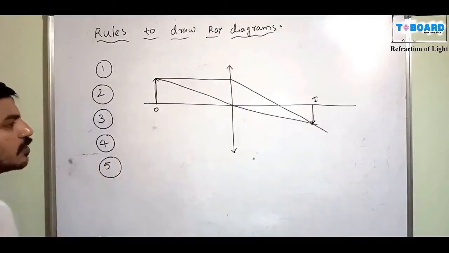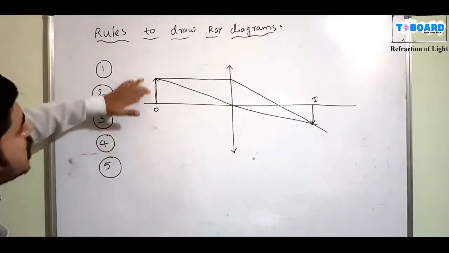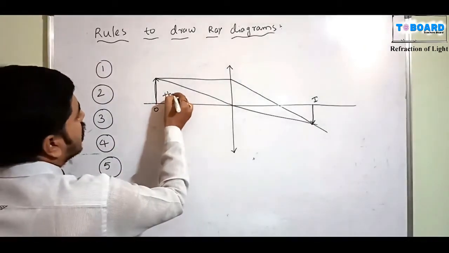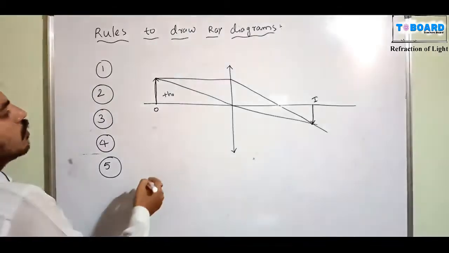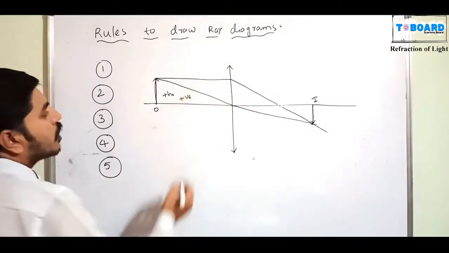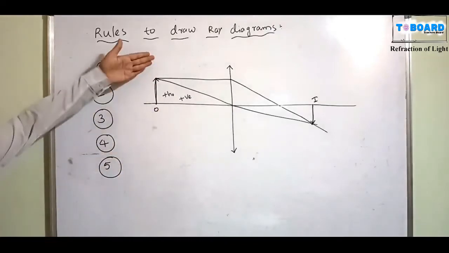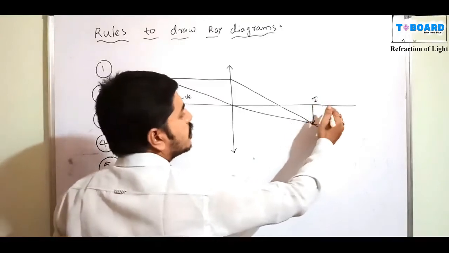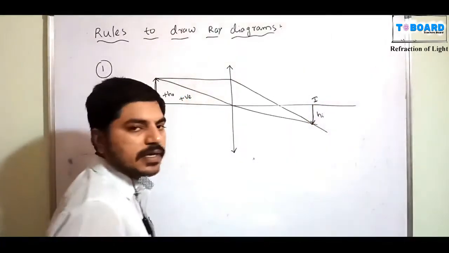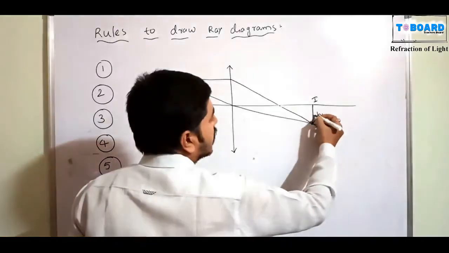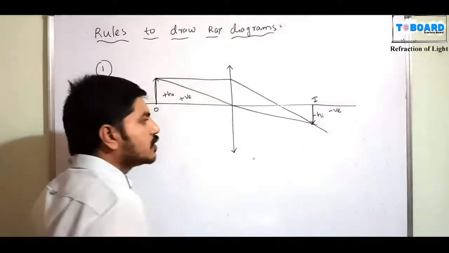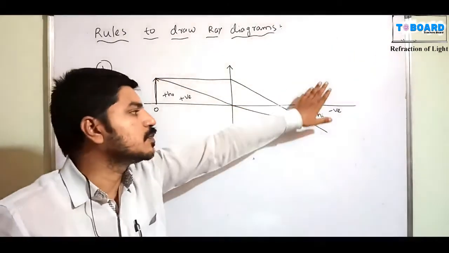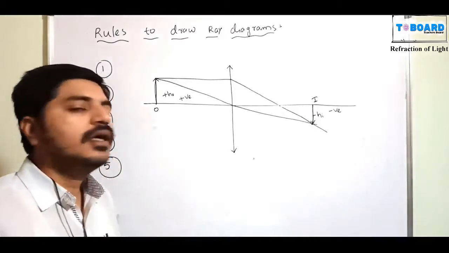One more thing, the fifth condition, is also there. In the fifth condition, above the principal axis is positive. For example, HO, the height of the object, should be positive, since the height of the object above the principal axis is definitely positive. And below the principal axis, the image height is negative. So above the principal axis the object height is positive, and below the principal axis the image height is negative.